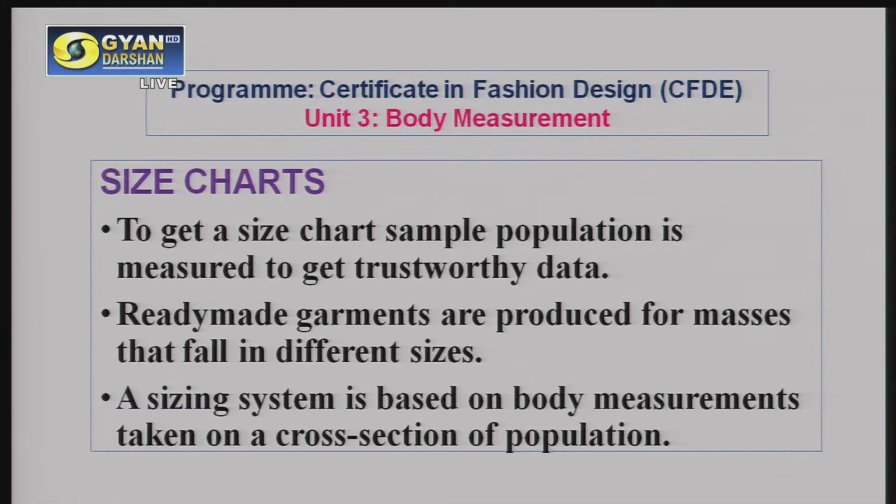A sizing system is based on body measurements taken on a cross section of the population. So it is taken as a sample from the population. On the basis of that, the size chart is developed, and on the basis of that we develop the standard patterns.